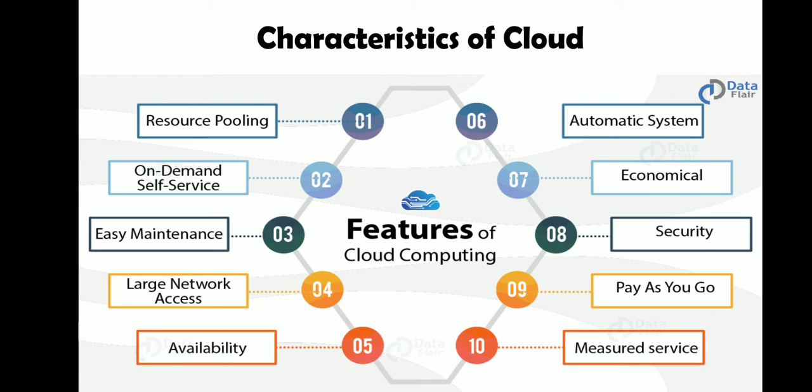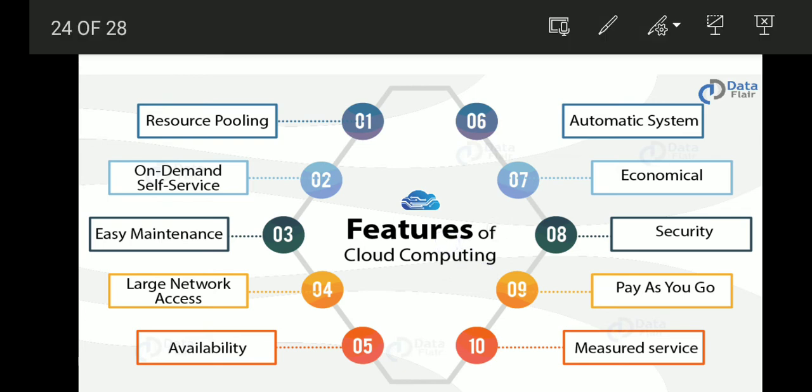It has broad network access, and it is always available. Once you are connected to the internet, your data is available always. The availability is 24 hours, and it is an automatic system. Economy: it is cost effective. And security: it provides good security. And pay as you go, pay as you use.